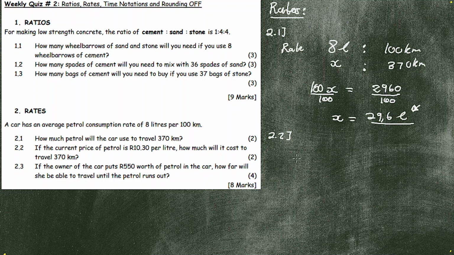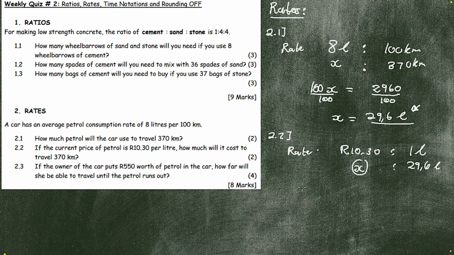Okay. For this one, again, it's a rate. That's 10 rand 30 to 1 liter. I want to find out the cost. I don't know how much 29.6 liters will cost. So I'm placing an x here.